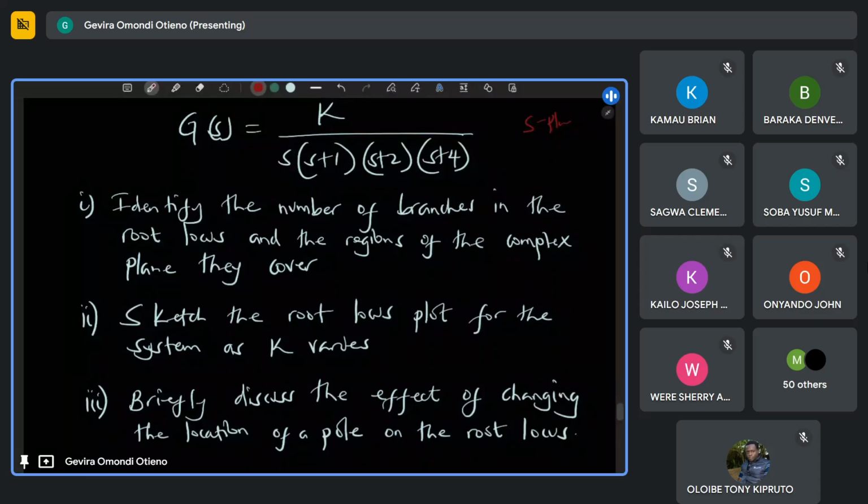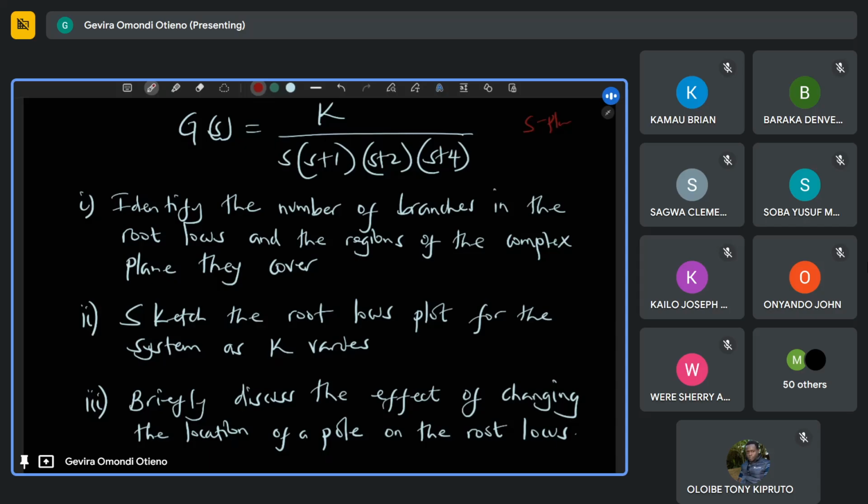Number 2, sketch the root locus plot for the system, as of course the gain varies. And number 3, briefly discuss the effect of changing the location of a pole on the root locus. So number 3 is a general knowledge question that expects you to know the effect of moving either zeros or poles in a root locus.